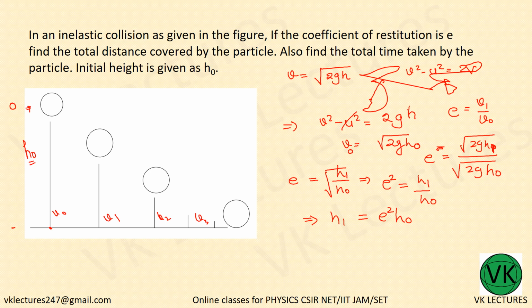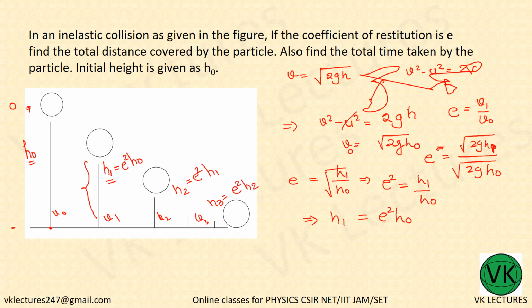That means the height to which this ball goes up is h1, which is equal to e square h naught. Now can you tell me what h2 will be in terms of h1? It will be equal to e square h1. Here you will get h3, which is equal to e square h2.